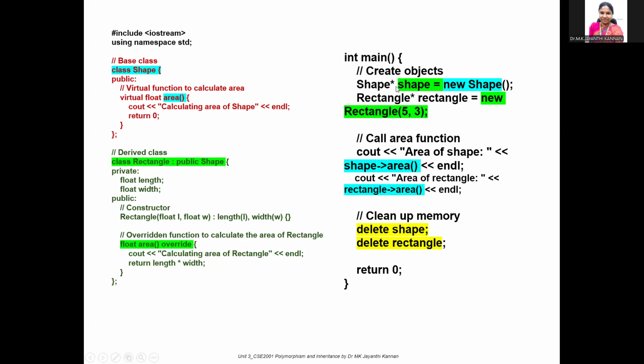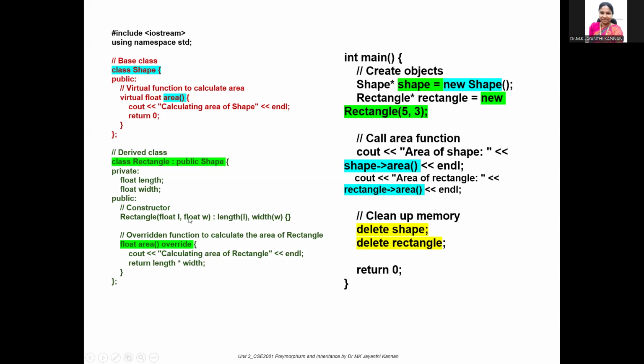In the main program, we are creating an object of shape, where shape is our base class. This object is created using the new operator with the class name shape. A new object is created dynamically, and a rectangle type. We are creating a rectangle pointer, and the rectangle constructor is called.